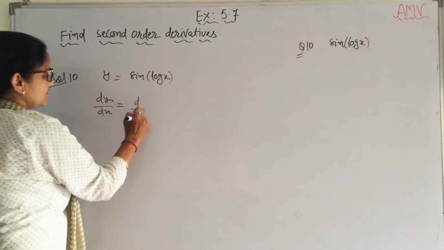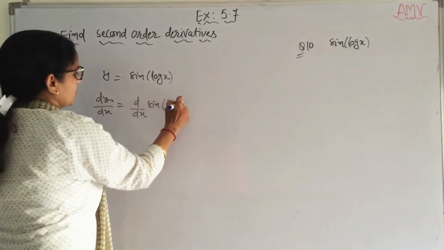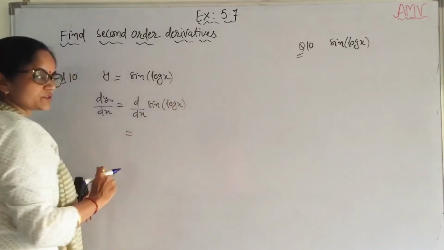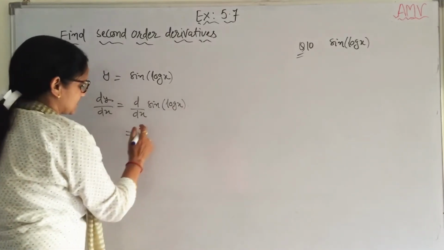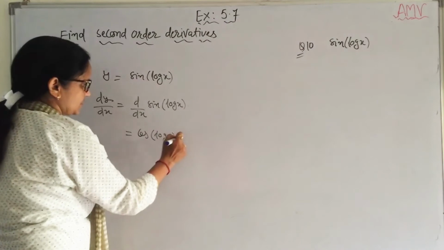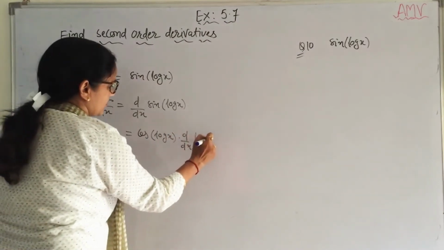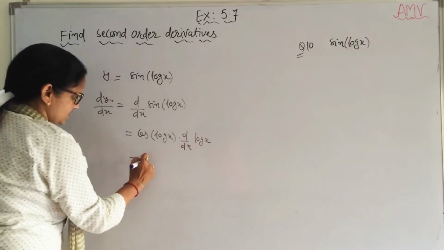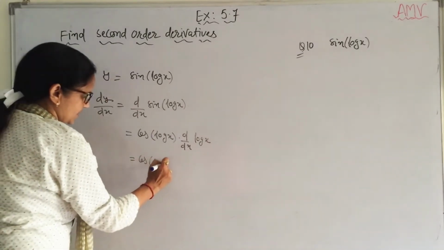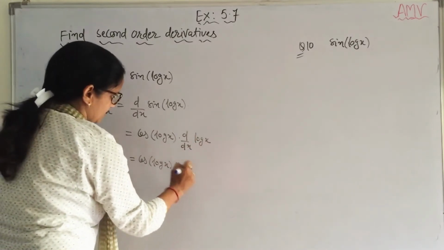So it is d by dx sin log x. Okay. So derivative of sin x, it's cos log x. Okay. Now derivative of log x, it is 1 by x.